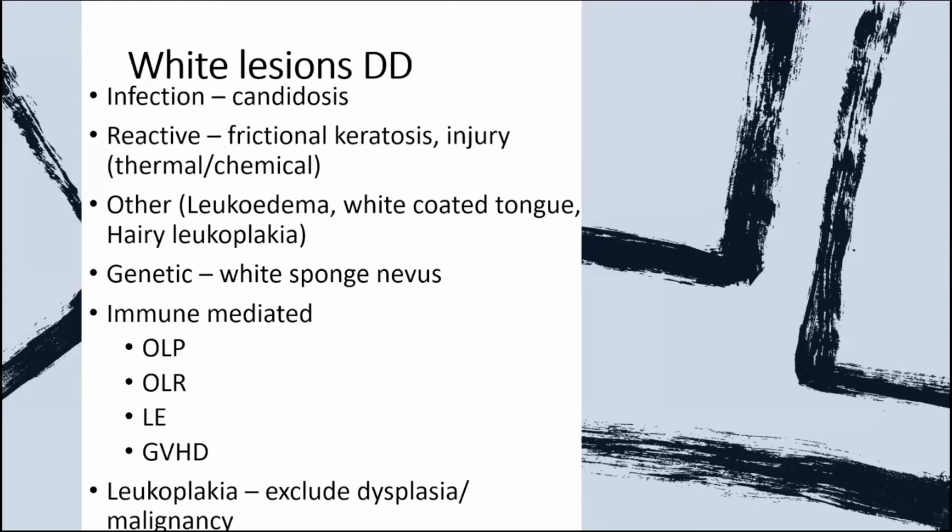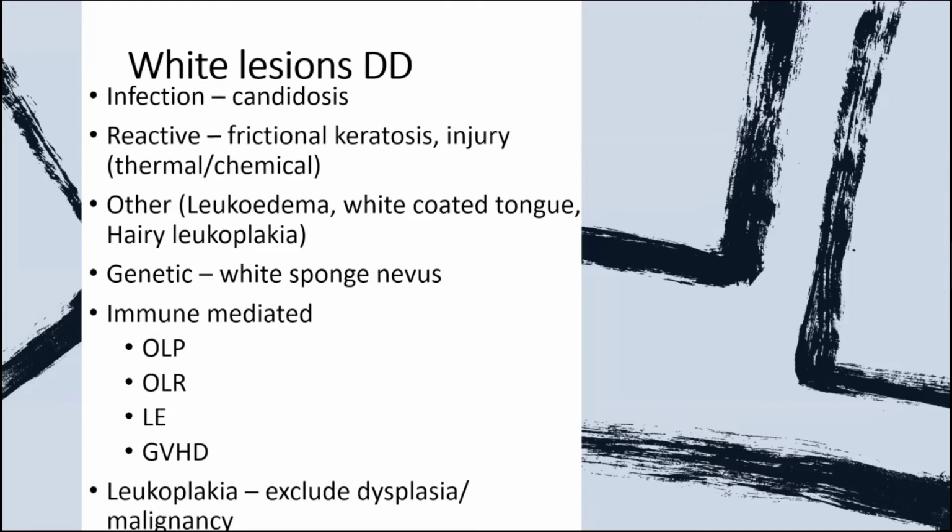We can have other reasons like leukoedema or white-coated tongue or hairy leukoplakia. So leukoedema is associated with race, hairy leukoplakia is associated with HIV. Genetic reasons like white sponge nevus and other dyskeratotic syndromes. It can be immune-mediated diseases like oral lichen planus, oral lichenoid reaction, lupus erythematosus, and graft versus host disease.